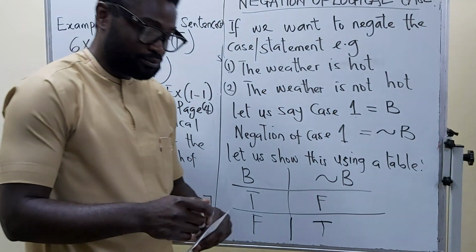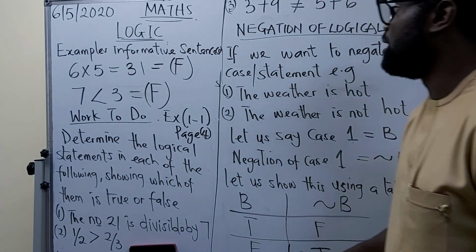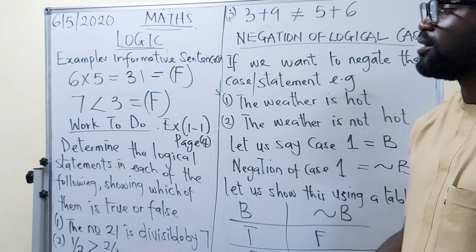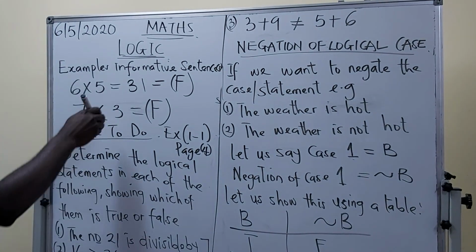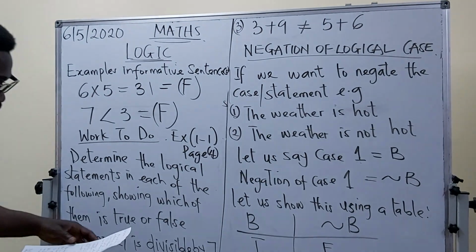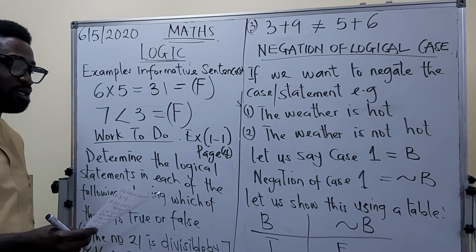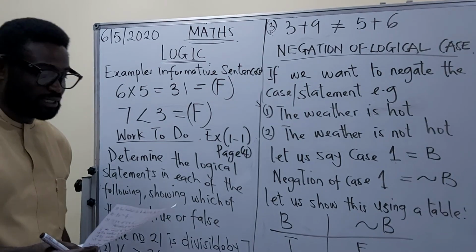I want to believe with this time spent with me, you've been able to have an idea of what this very topic is talking about. Don't forget the topic is logic. So we've been able to talk about what logic is. It's a way of making mathematical statements.